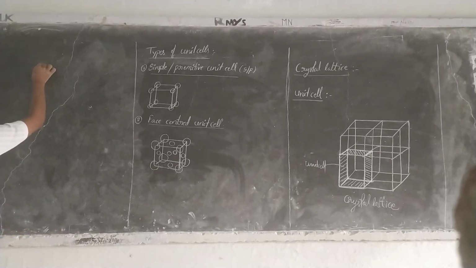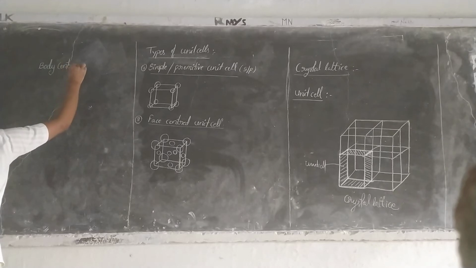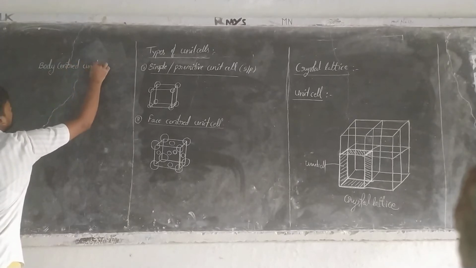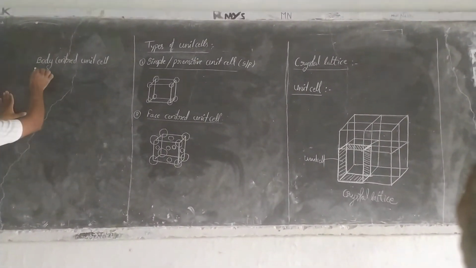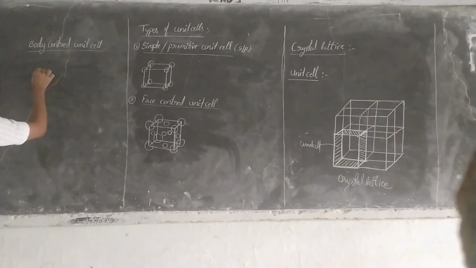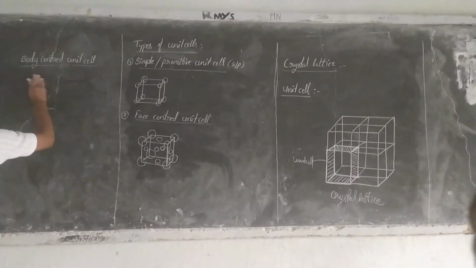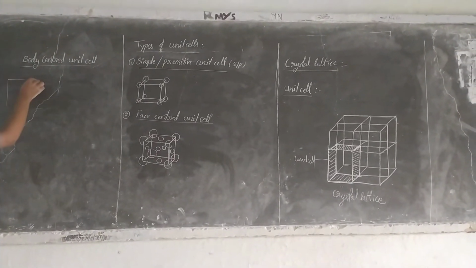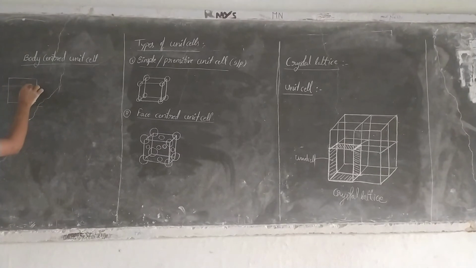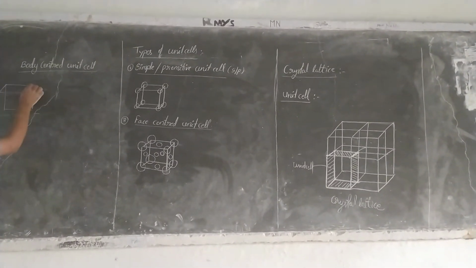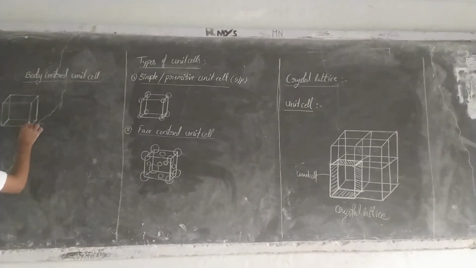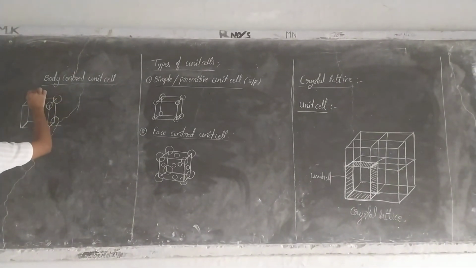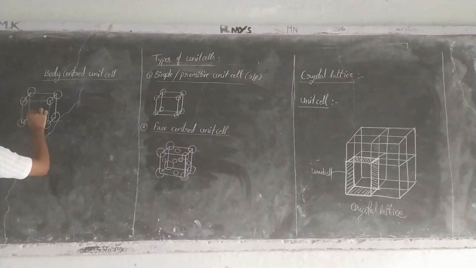And next one, body centered unit cell. So again, body centered unit cell means constituent particles present at the corners of the unit cell and center of the body.